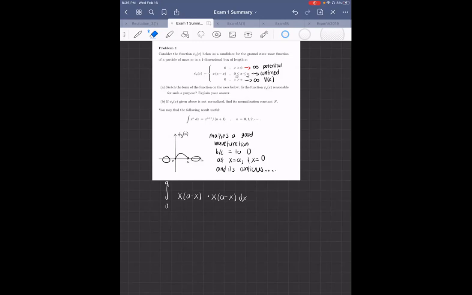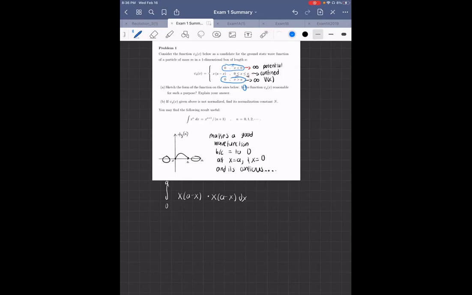Based on this, it makes a good wave function because this is basically a particle in the box, which means there is infinite potential outside. The wave function is going to be 0 before 0 and after a, so it's 0 at both boundary conditions, which makes it a good wave function, meaning if you integrate for probability, it won't be infinity.